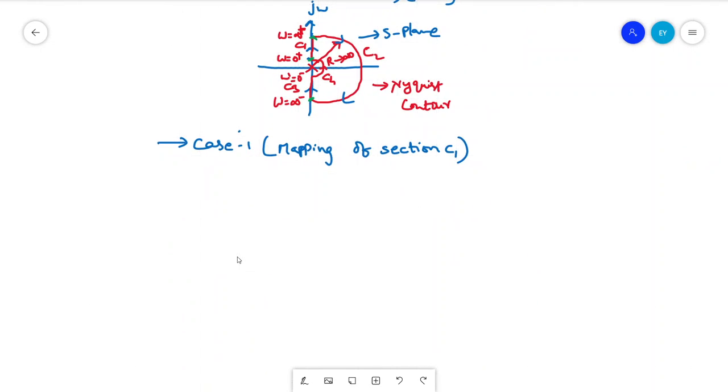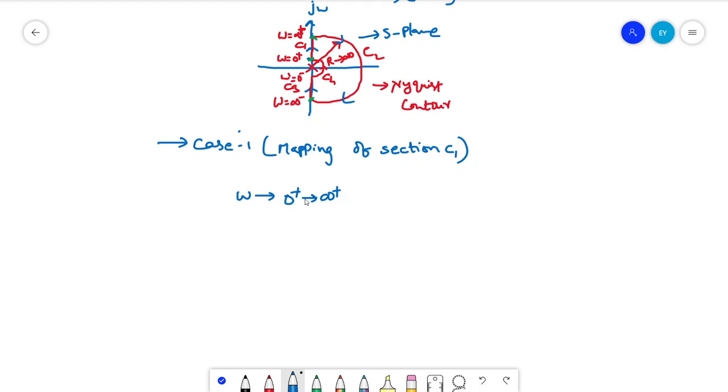Simply I'll call it the W plane. Omega will be varying from 0 plus to infinity plus.